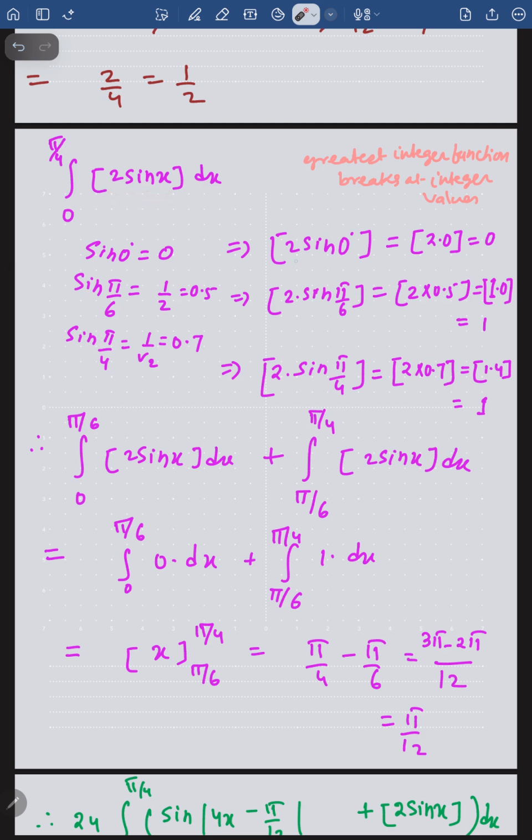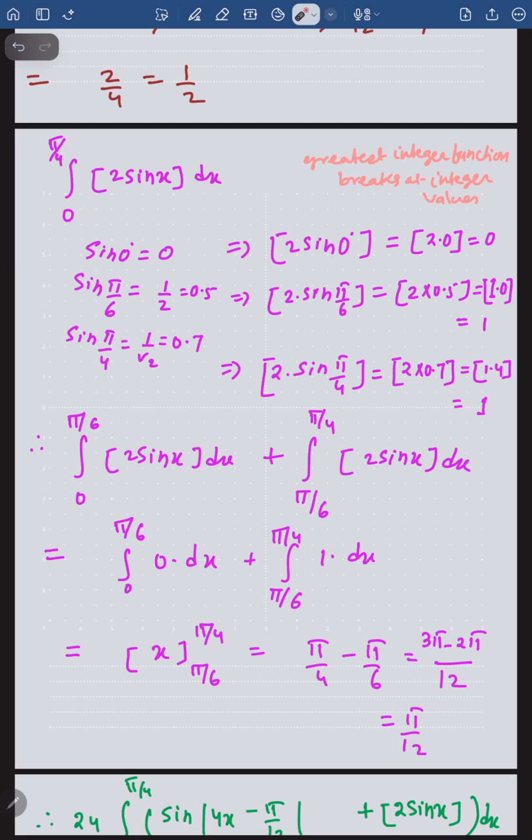The greatest integer of 2 sin 0 means 2 into 0, so 0. The greatest integer of 2 into sin pi by 6 is 2 into 0.5, that is 1.0, that is 1. The greatest integer of 2 into sin pi by 4 means 2 into 0.7, that is 1.4, so again its value will be 1.